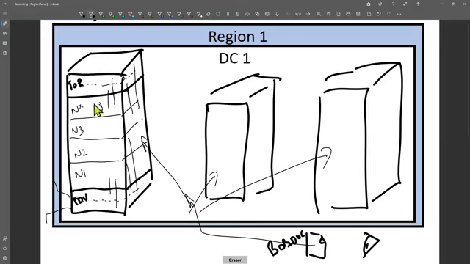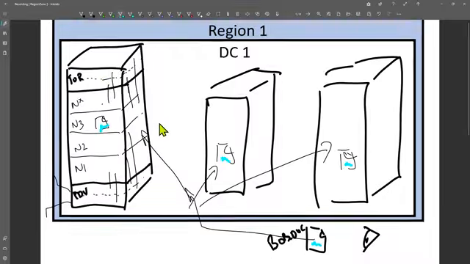So now we have our 3 copies written at the same time across 3 different fault domains in the same data center in the same region. And when I say synchronously written, that means any change that is made at the originating document is instantaneously written across all 3 copies. That is LRS, or locally redundant storage.